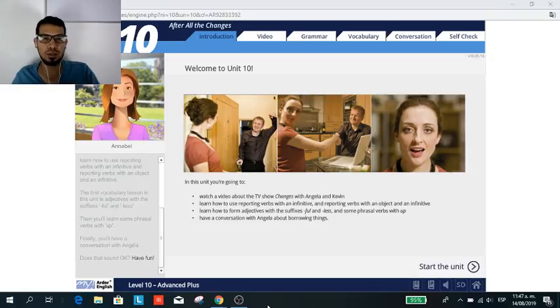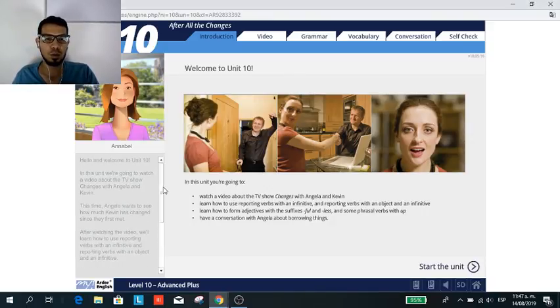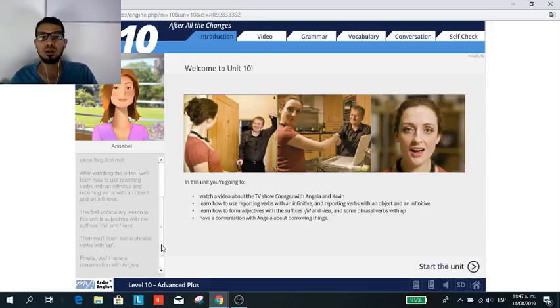Okay, so in this unit, we're going to be working on reporting verbs with an object and an infinitive. This is reported speech, so we're going to report what someone else has said in the past or is saying.